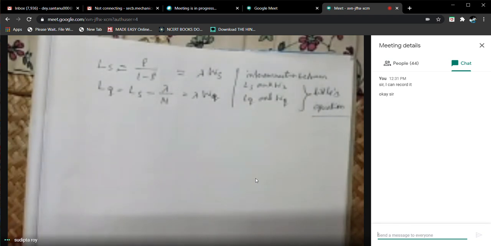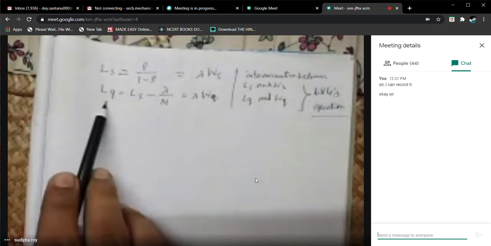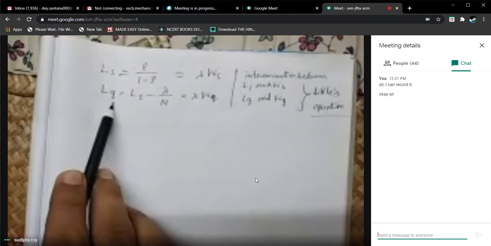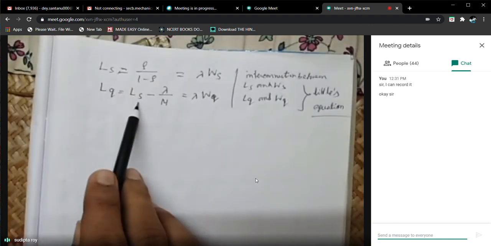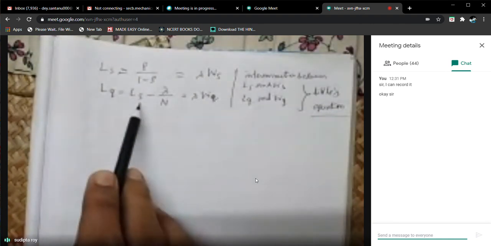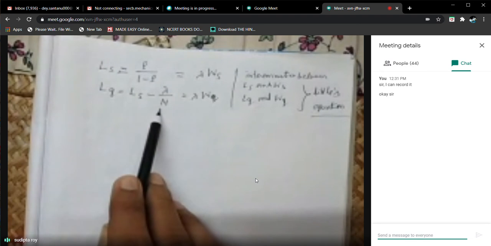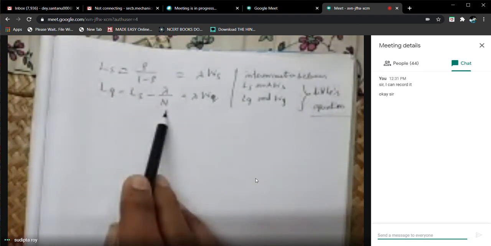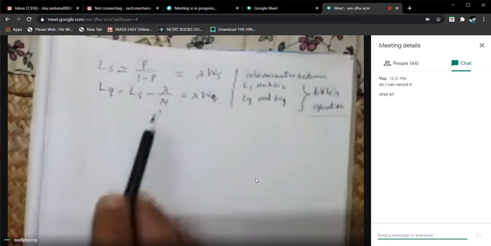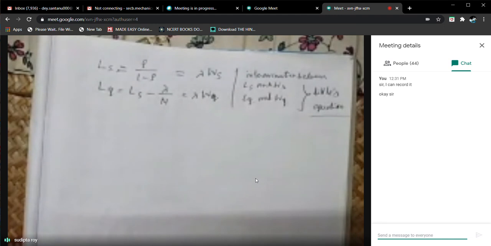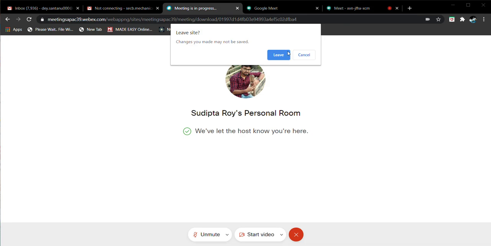Then LQ, the number of people in line, will be equal to the number of people in the system minus the number of people getting serviced. So this is LQ.